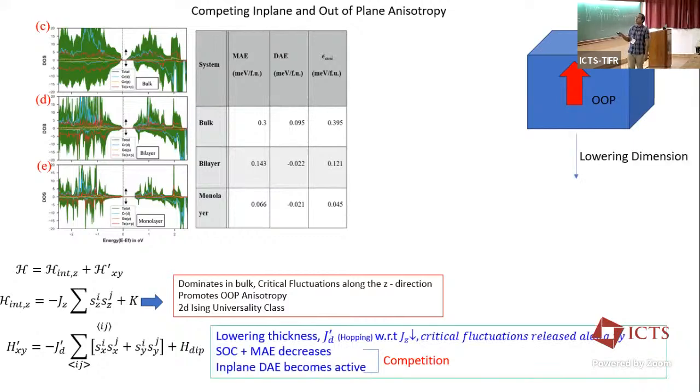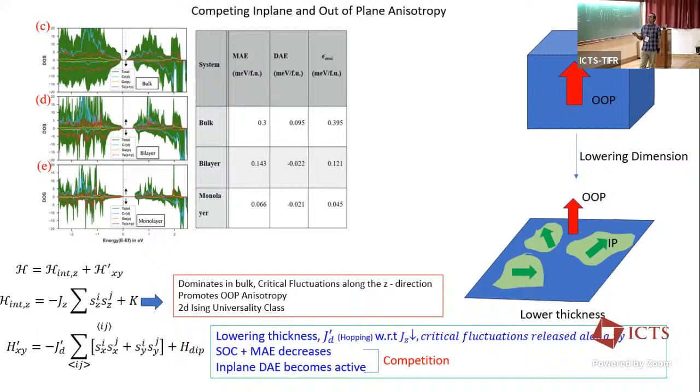But as you lower the dimensionality, there is an anisotropic exchange along the z-axis, and there is some anisotropy also present along the AB direction, and this starts competing with the z direction, and it releases critical fluctuations in the AB plane, and you start seeing this new transition temperature, associated with 14 Kelvin, when this new anisotropy comes into the picture.